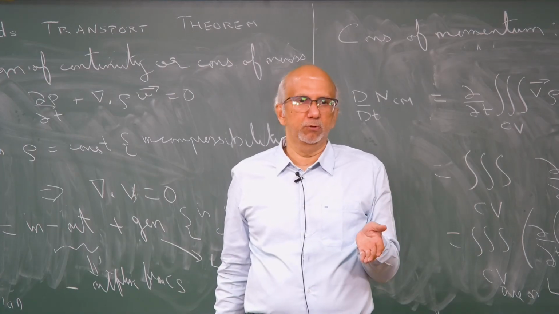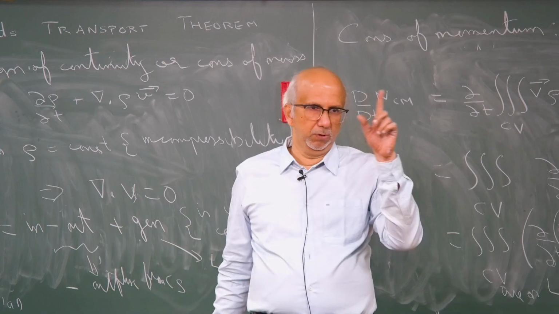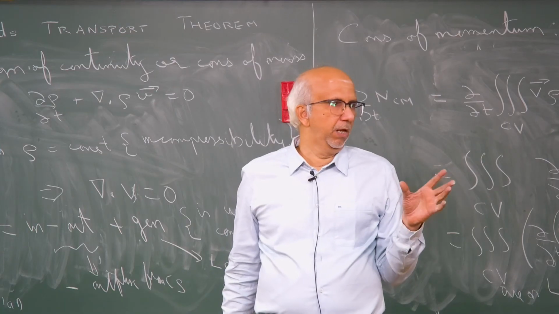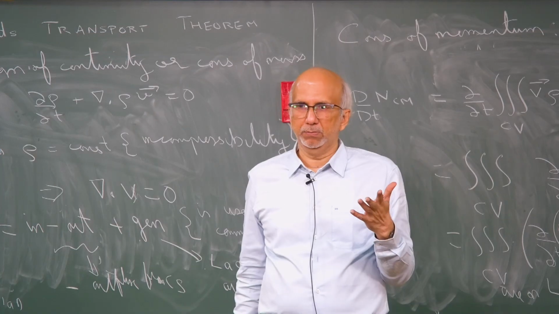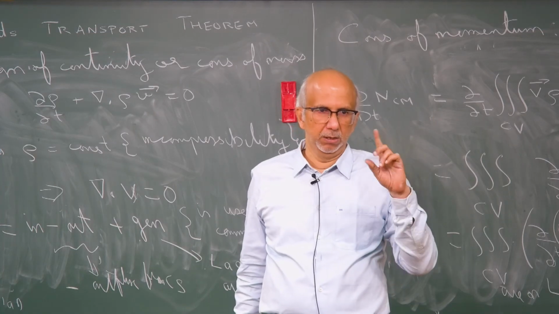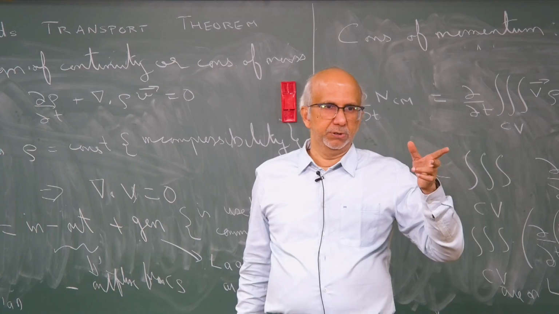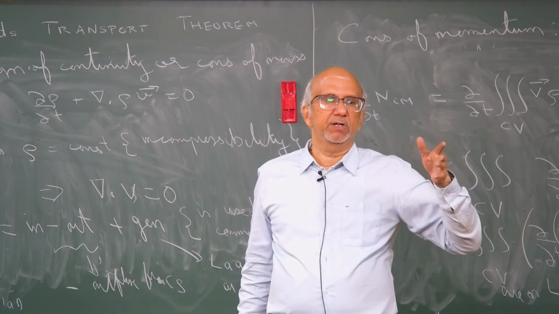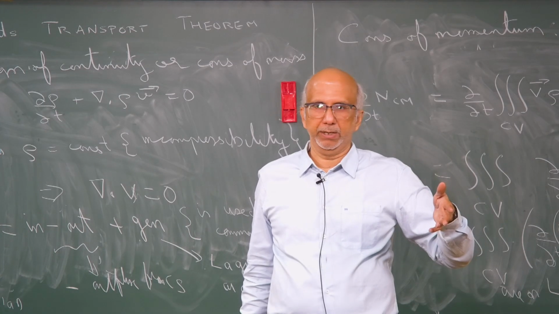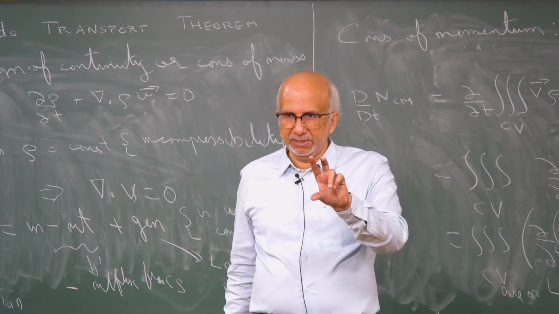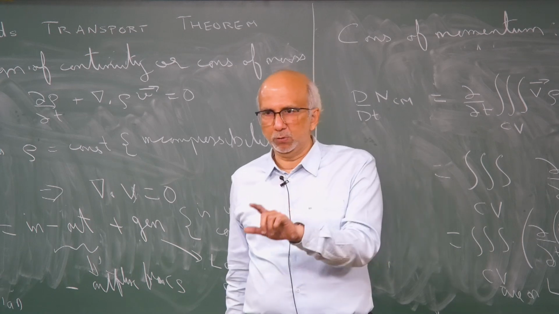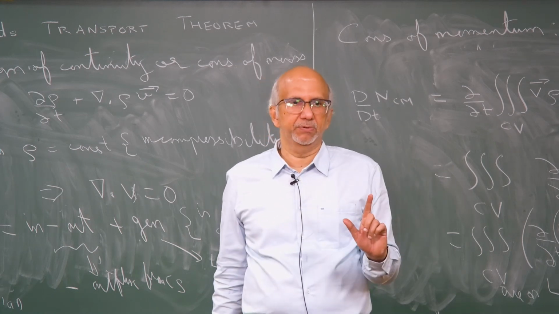From Newton's law of motion, the rate of change of momentum of a control mass is nothing but the forces acting on the control mass. So, this is what I told you earlier. The Lagrangian approach, the control mass, is where the fundamental laws are, and I want to use that, but I want to focus on fixed regions in space. So, I need to do the control volume, and that is the relationship which I have.